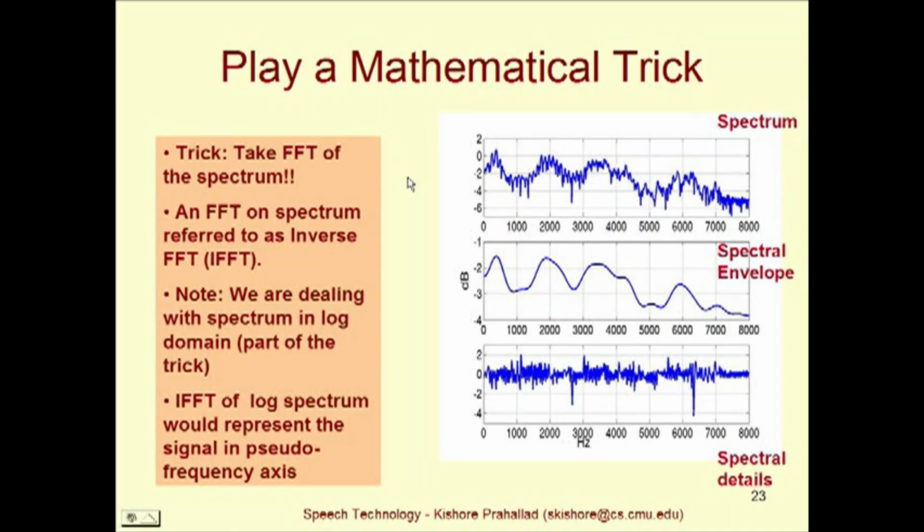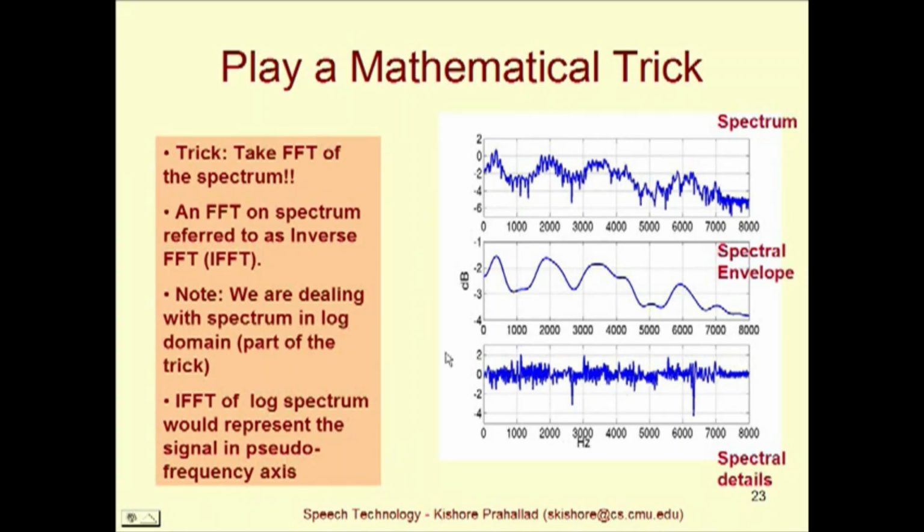But here we are talking about the spectrum which is already there in the log domain. That means we have done some operation. So the moment we have gone to log domain, if you take IFFT of this log spectrum, it would give you this signal back in terms of pseudo frequency axis.